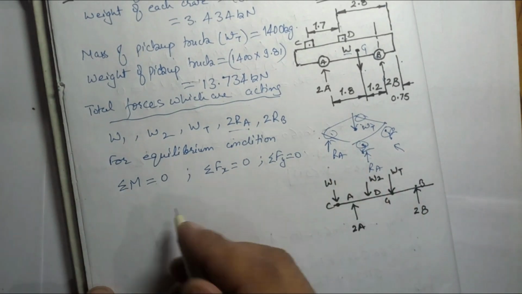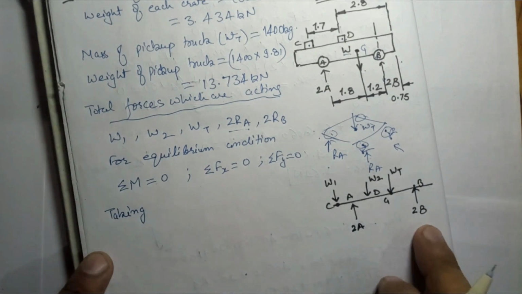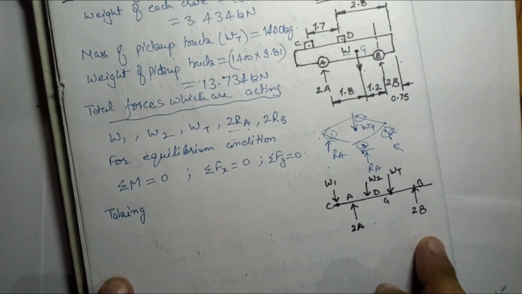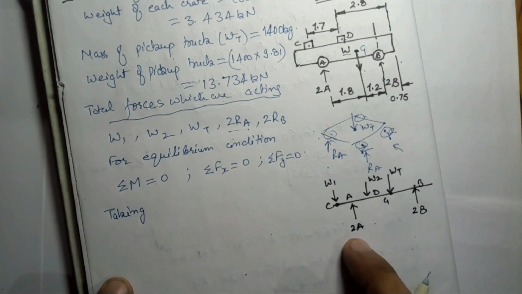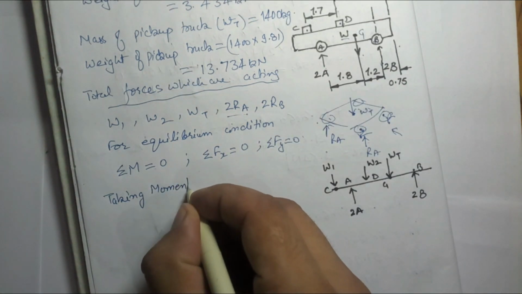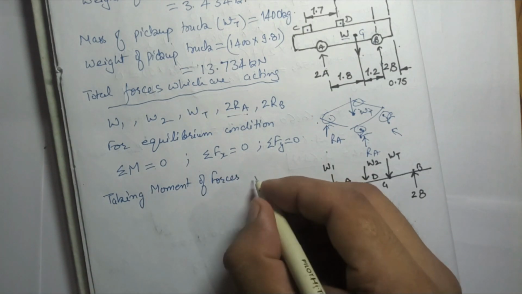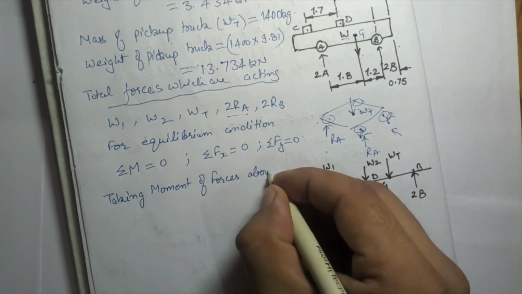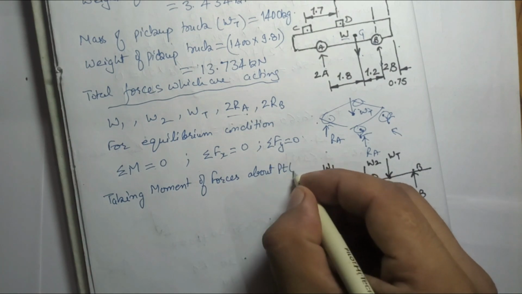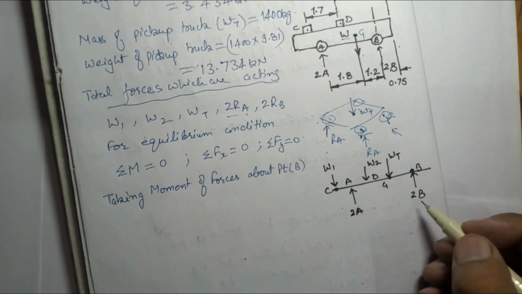Now first of all, we will take the moments. Always start by taking moments when a problem is there to find out the reactions. Take moment about any point, either A point or B point. Taking moment of forces about point B. So this is the point B. About this we are going to take the moment of forces.